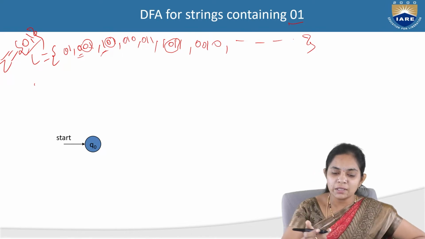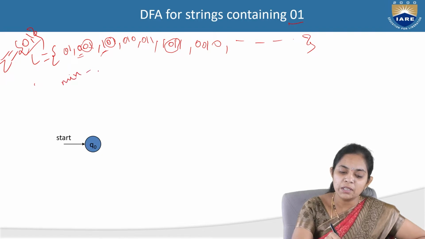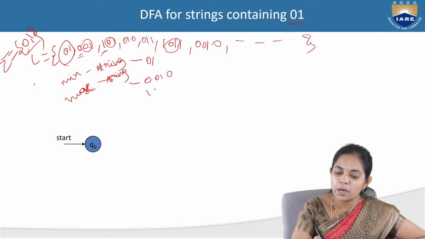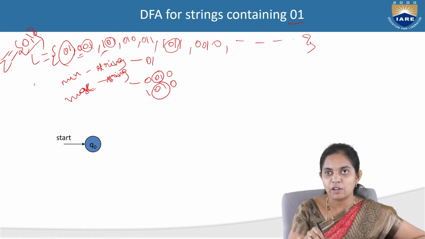Before constructing this DFA, we need to first identify the minimal string and the maximal string. The minimal string is nothing but 01. The maximal strings start and end with 0 or 1, with the substring in the middle of the string.